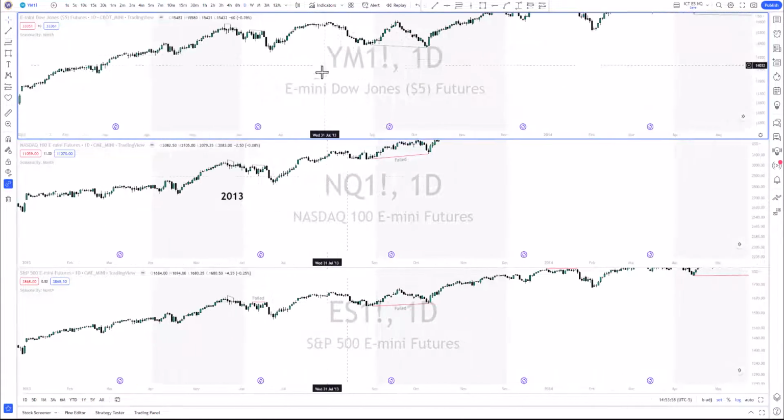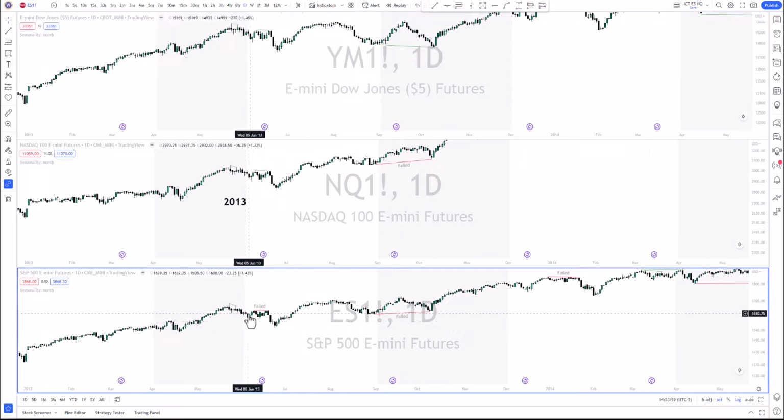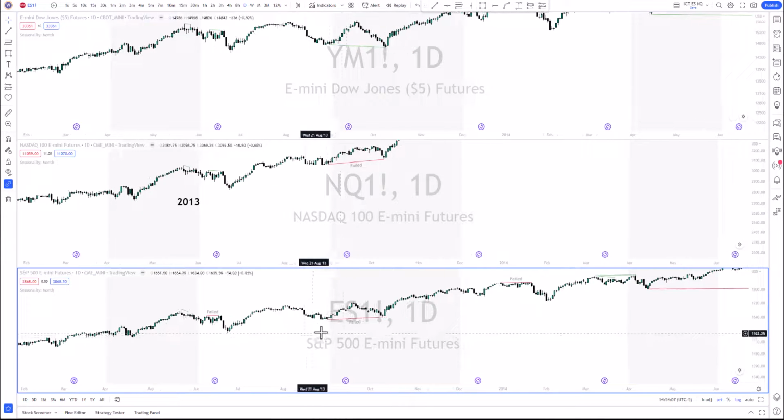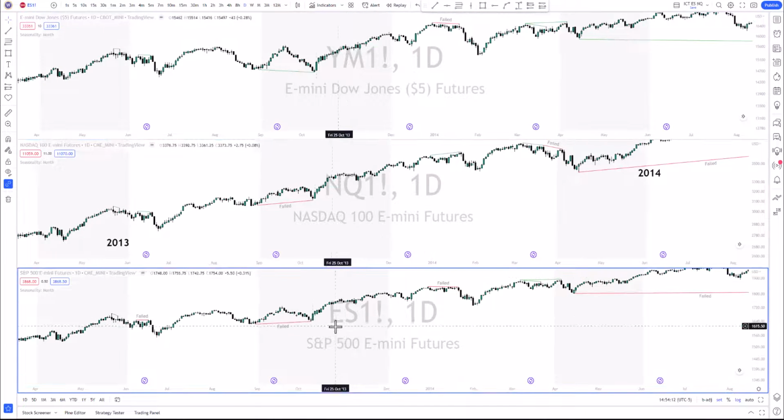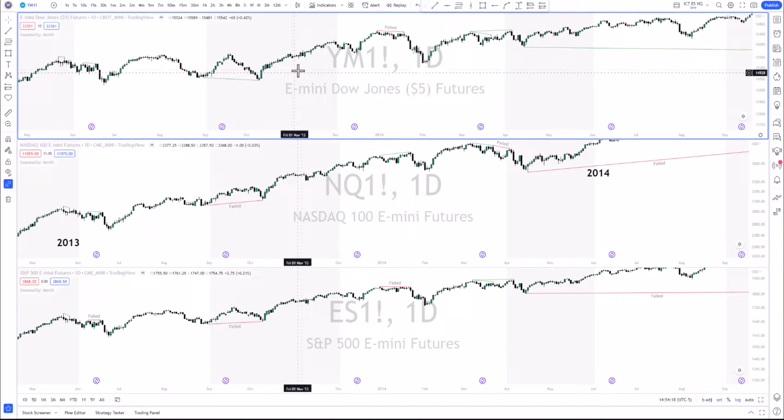2013, in the spring, this was a small one. We failed to make a higher high here, had a little bit of movement, and then just kind of consolidated. In the fall, we failed to make lower lows with the S&P and the NASDAQ, but we made it with the Dow. So there's our SMT, bullish all the way into the end of the year.